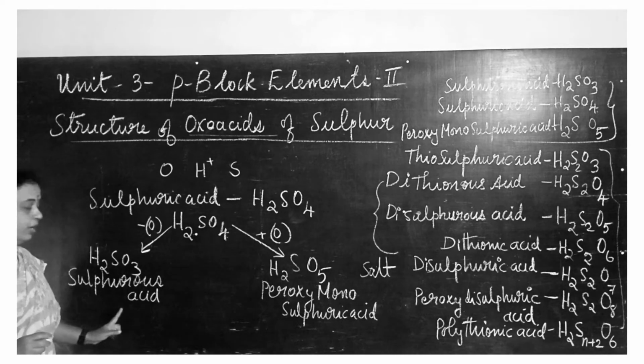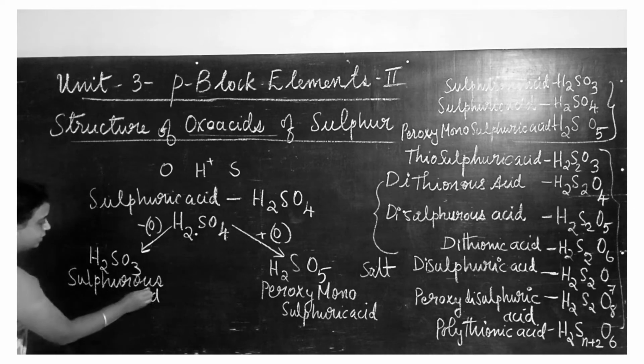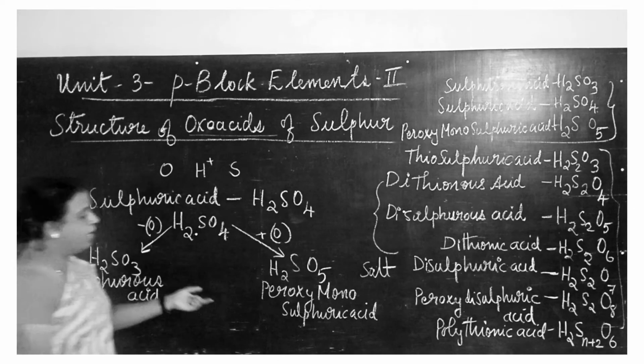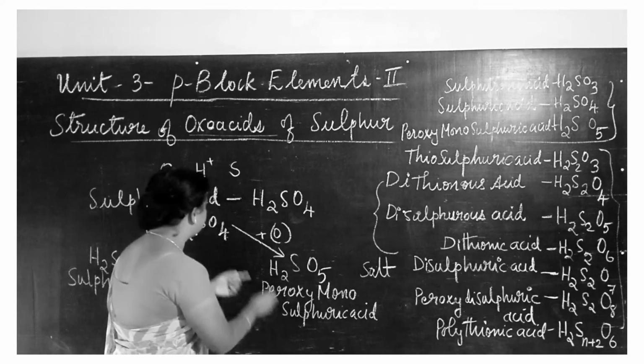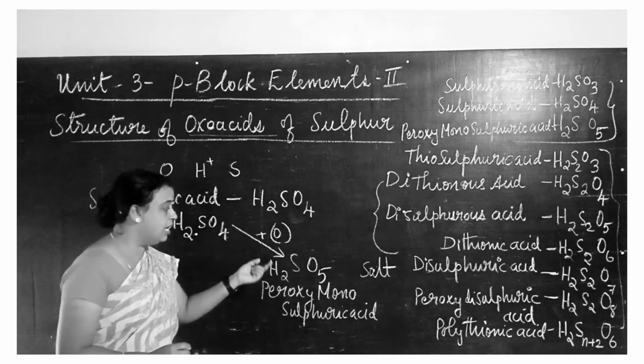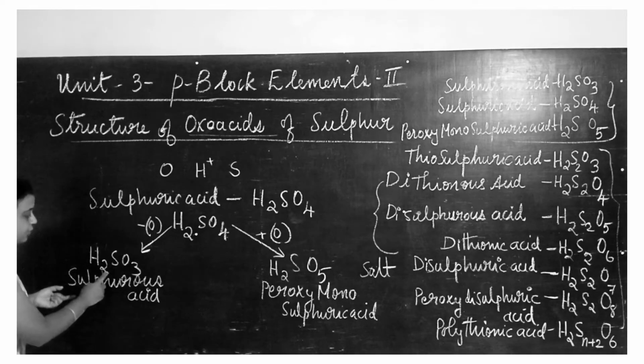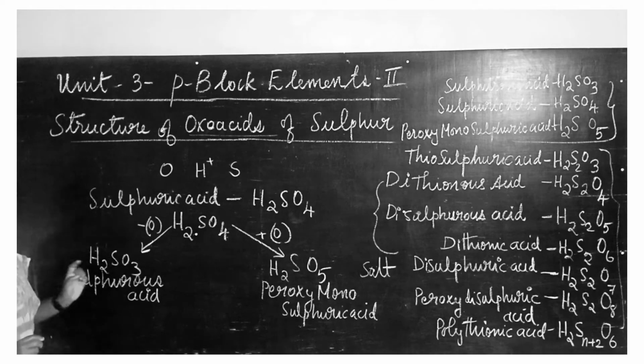Did you get it? Now we understood how sulfurous acid is formed from H2SO4 and how peroxymonosulfuric acid is obtained from H2SO4. Peroxymonosulfuric acid is H2SO5 and sulfurous acid is H2SO3.